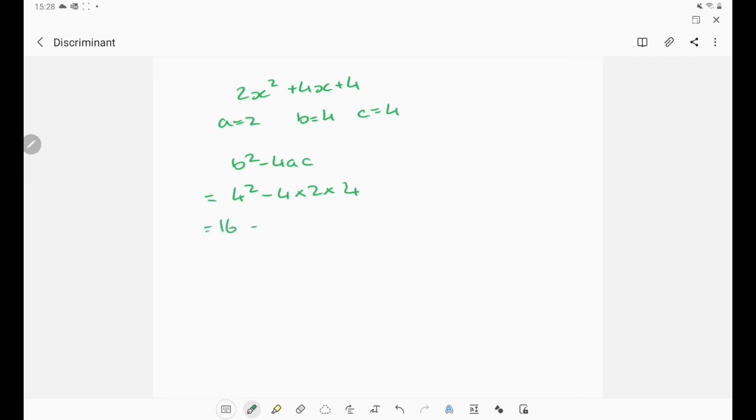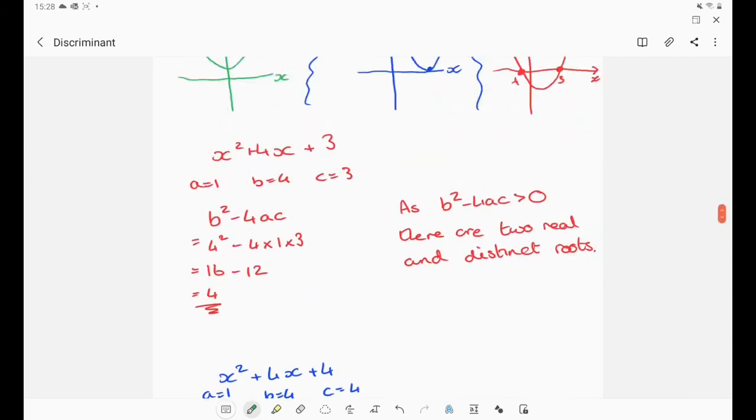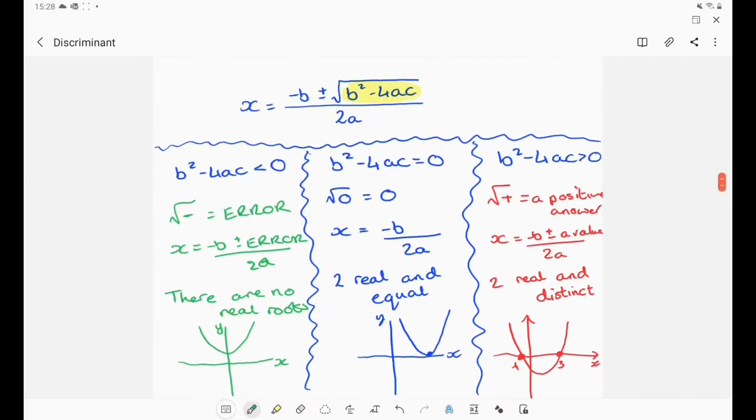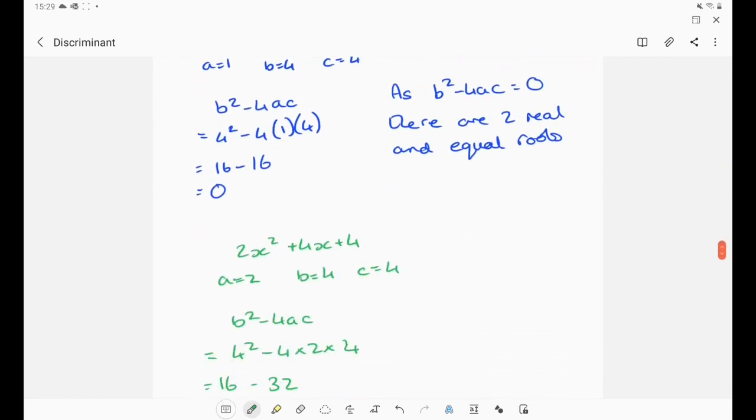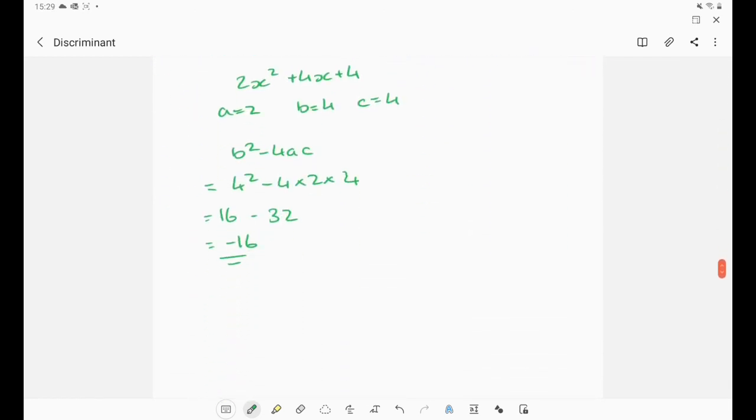So we have 16, take away 32, and we're getting an answer of minus 16. Now what happens when you take the square root of a negative number? It breaks. So we're never going to get 2 roots out of this. As a result, our sentence is, as b squared minus 4ac is less than 0, there are no real roots.